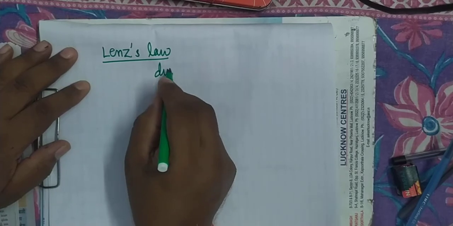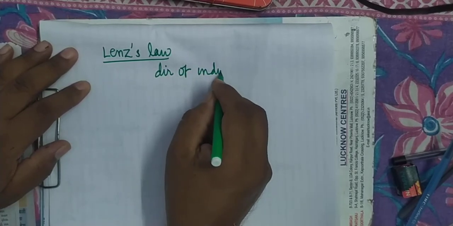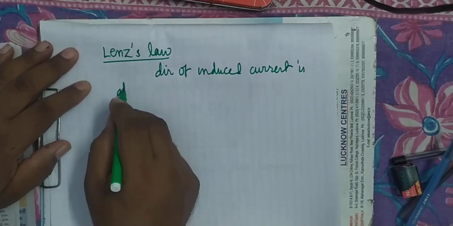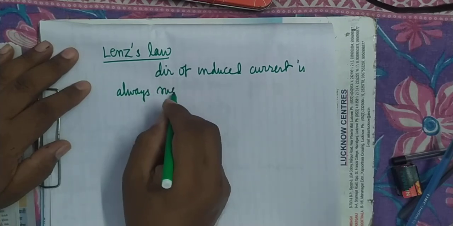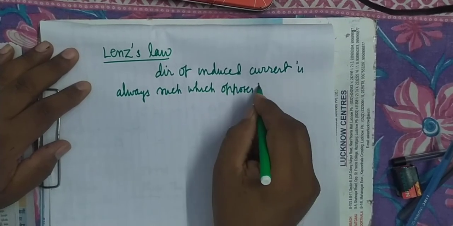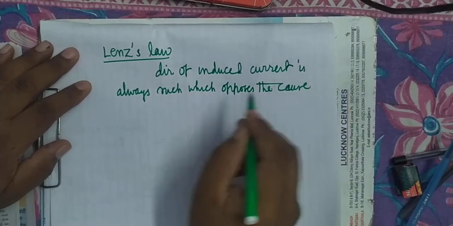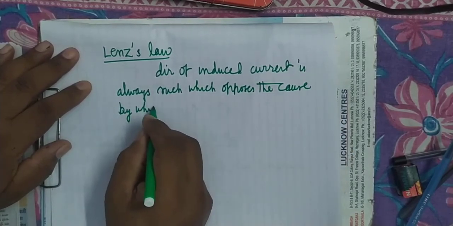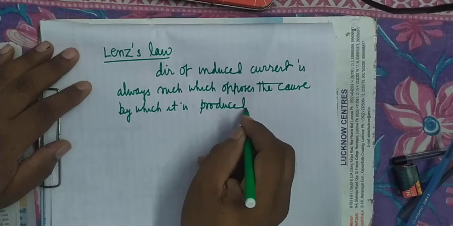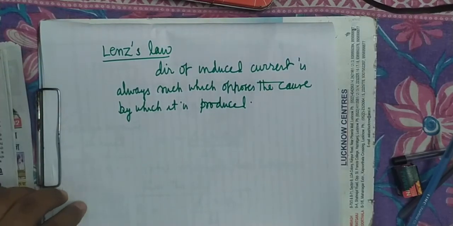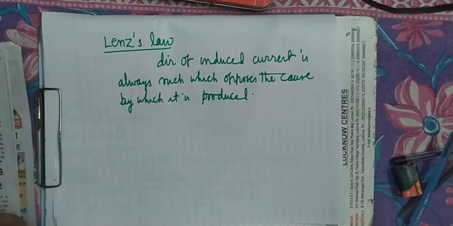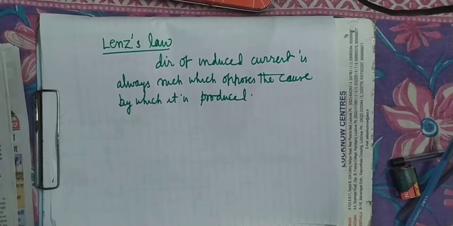This is Lenz's law. Now there is one more law to find the direction of induced current, that is Fleming's right hand rule.